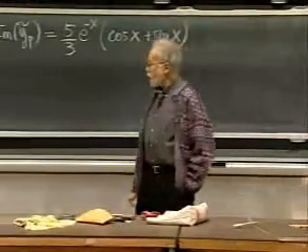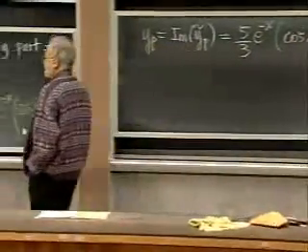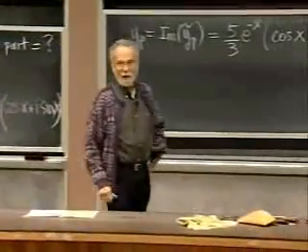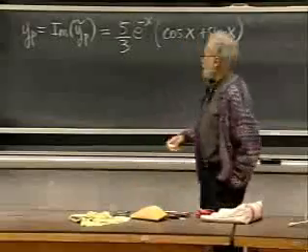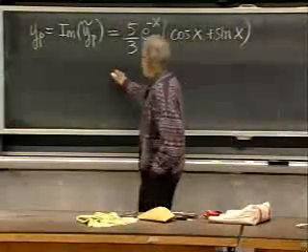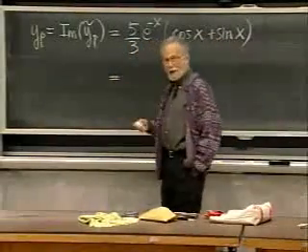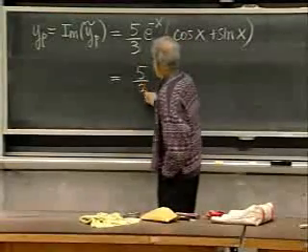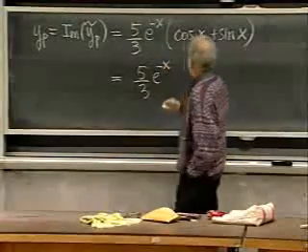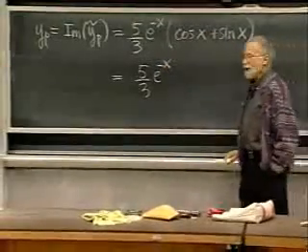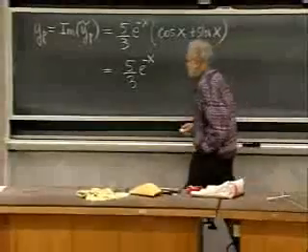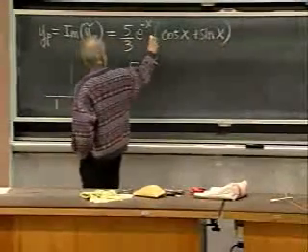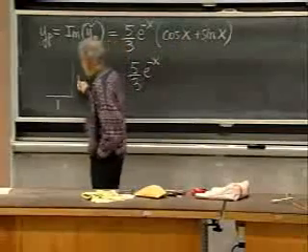Notice that most of the work is not getting this thing, it's turning it into something human that you can take the real and imaginary parts of. If we don't like this form, you can put it in the other form, which many engineers would do almost automatically. Make it 5/3 e to the negative x, and what will that be? Well, you can use the general formula if you want. Remember, the two coefficients of cosine and sine are 1 and 1.